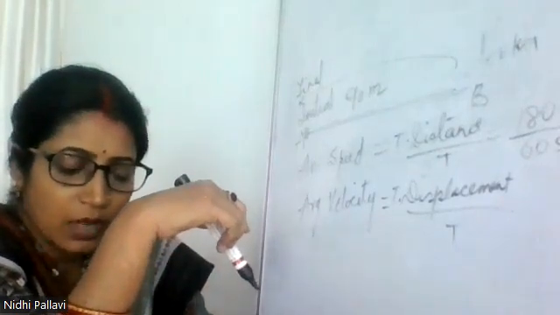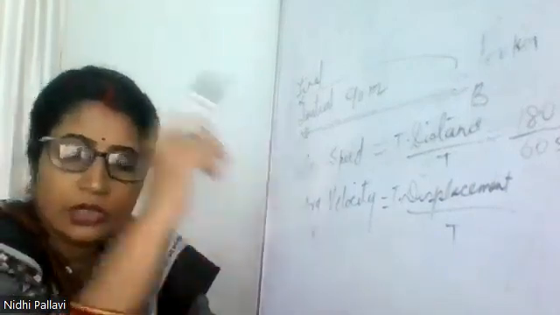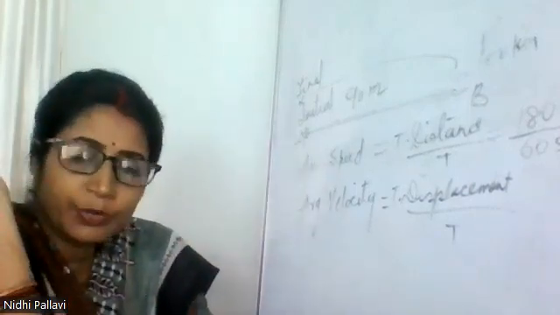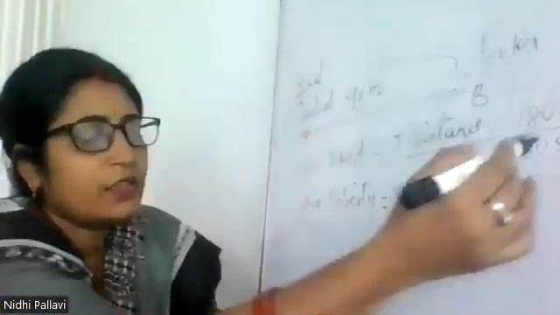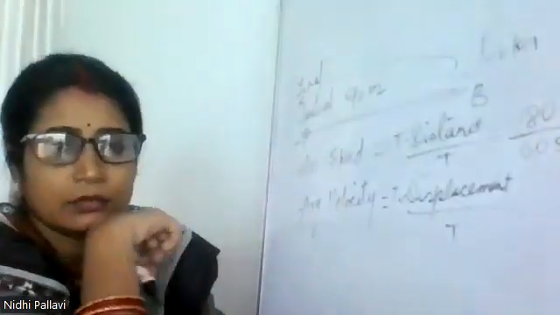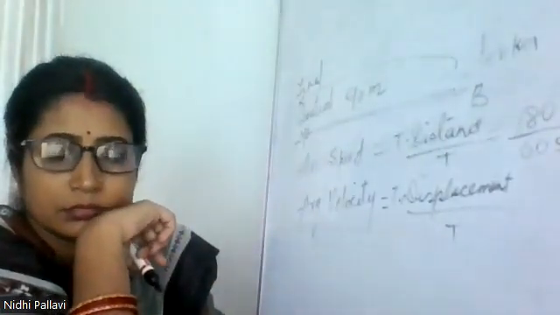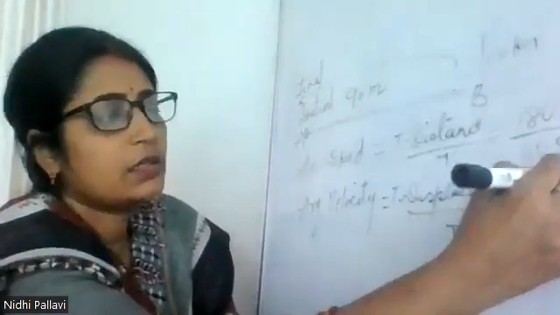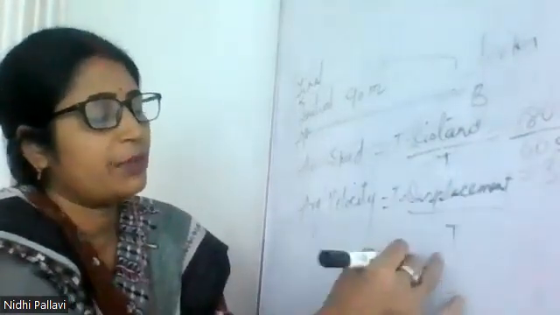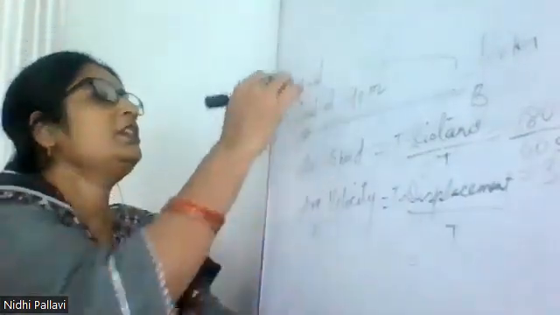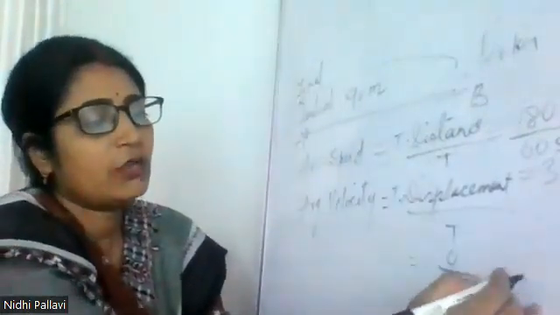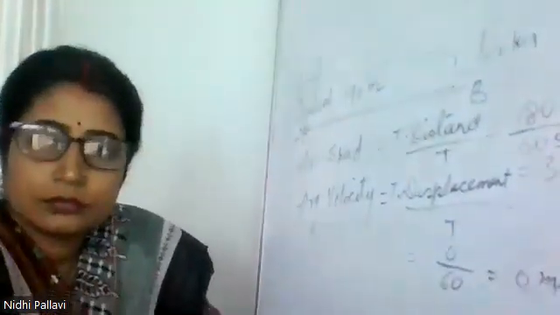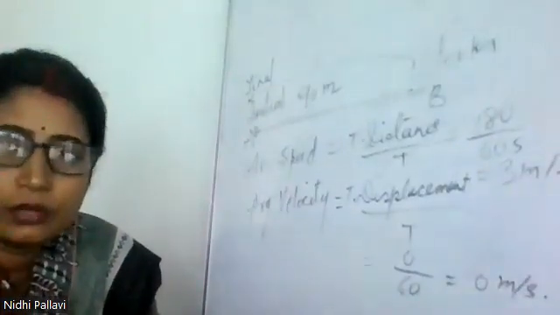So average velocity will be 0. And average speed will be 3 meter per second. But displacement, final and initial both are the same, so this is 0 by 60, equal to 0 meter per second. Understood?